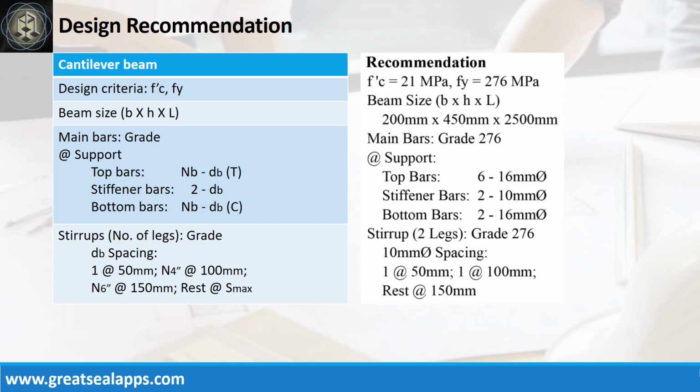At support, top bars 6 pieces 16 mm bar, stiffener bars 2 pieces 10 mm bar, bottom bars 2 pieces 16 mm bar. Stirrup of 2 legs of grade 276, 10 mm bar spacing, 1 at 50 mm, 1 at 100 mm, rest at 150 mm.